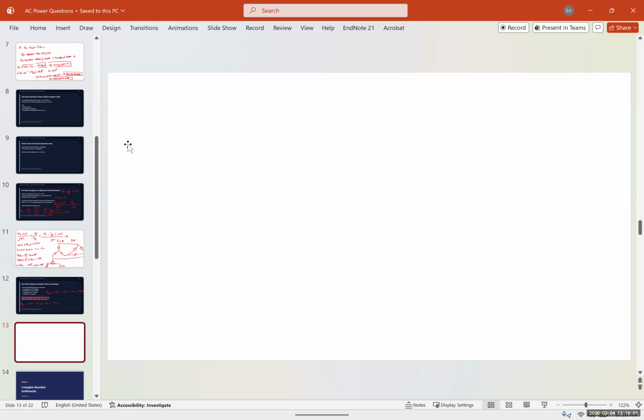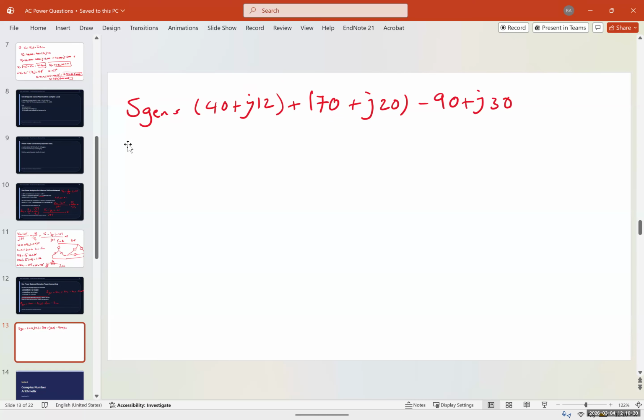Perfect. Yes. So S generator would be equal to (40 plus j10 plus 70 plus j20) minus (90 plus j30) minus (35 plus j10).